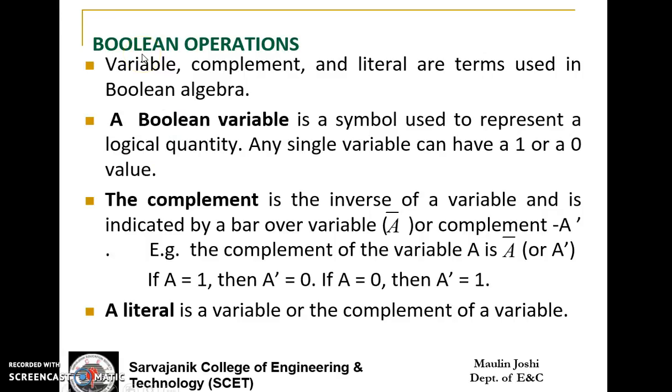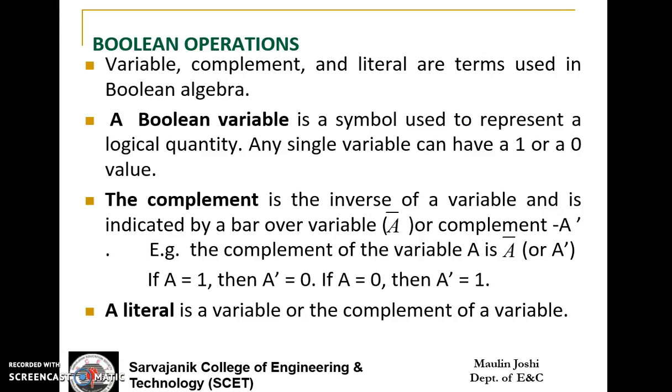Boolean operations: we start by defining the terms variable, complement, and literal. A Boolean variable is a symbol used to represent a logical quantity. Any single variable can have a value of 1 or 0.